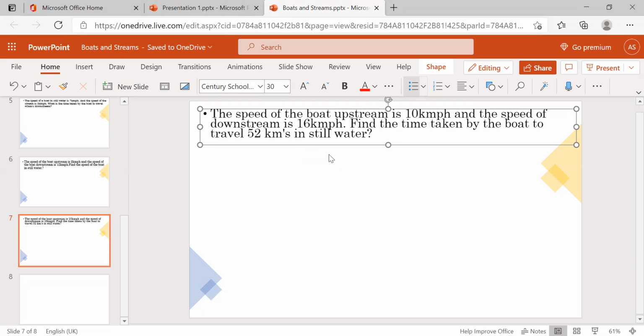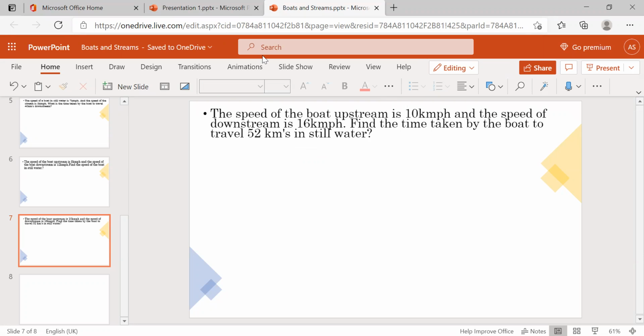Now here also we have the boat's u. What's the u? The upstream speed is 10 kilometers per hour. And what's the downstream speed? V is 16 kilometers per hour. Now by using this we can find the boat speed, right?